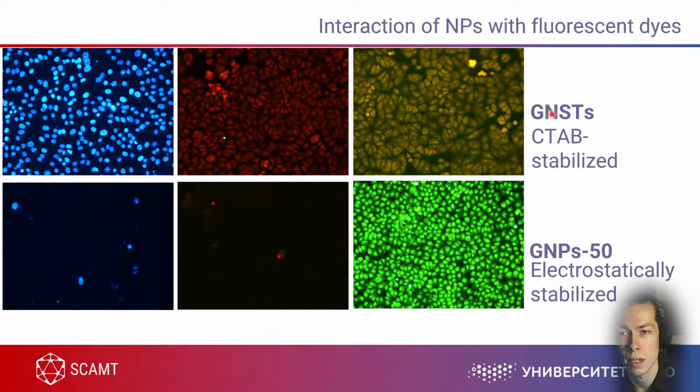But the nanostars, because they are anisotropic particles with branches, use a lot of surfactant to stabilize these particles. And as you remember, I hope, this surfactant can damage cell membranes. What will happen if you have a damaged membrane and you have a fluorescent dye in your culture media? A lot of dye will pass through this damaged membrane and stain everything.